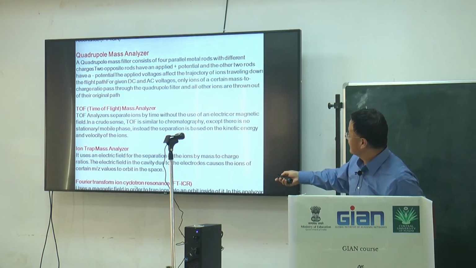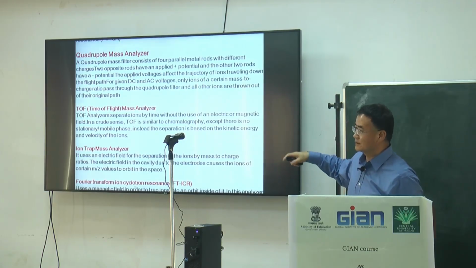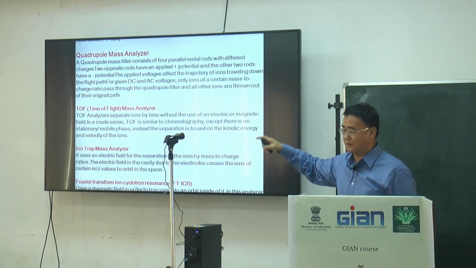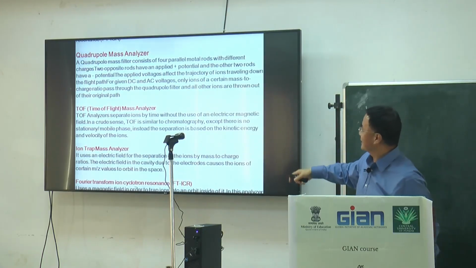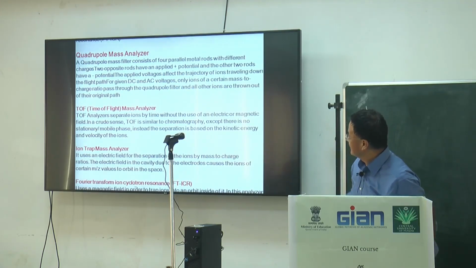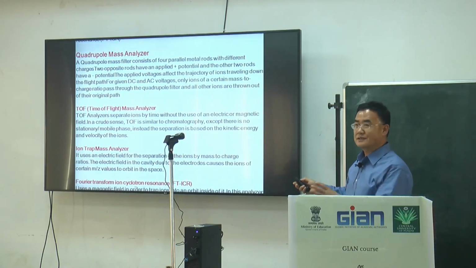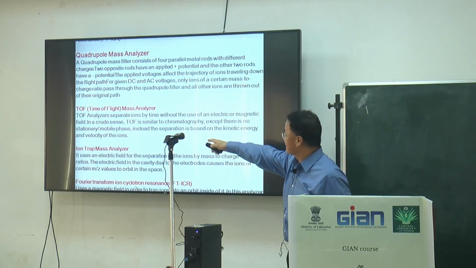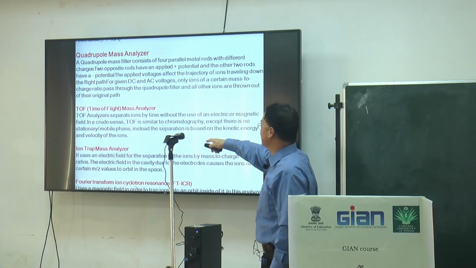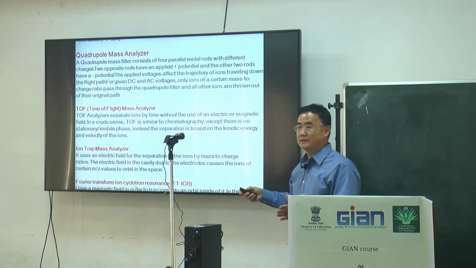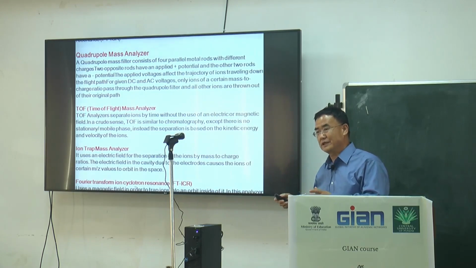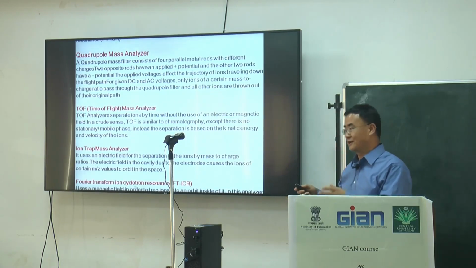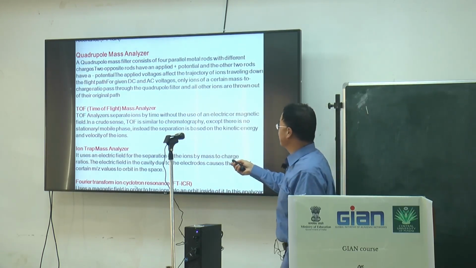There are different types of mass analyzer. The previous part was the interface, then the mass analyzer, the Q-Orbitrap, and the time of flight. Today I prepared more slides to give you more detail about those. It's the best for metabolite profiling, for metabolism study.